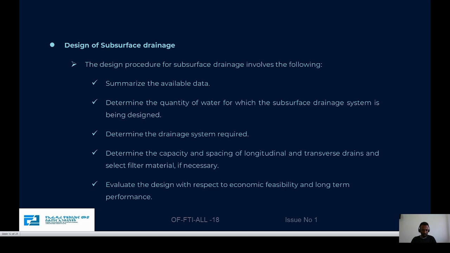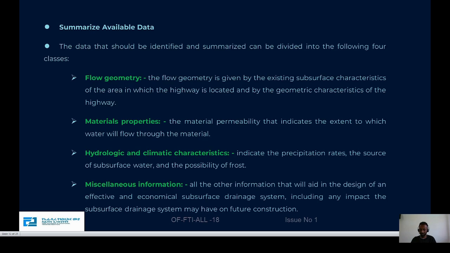Then determine the drainage system required, and determine the capacity and spacing of longitudinal and transverse drainage. Lastly, evaluate the design with respect to economic feasibility.